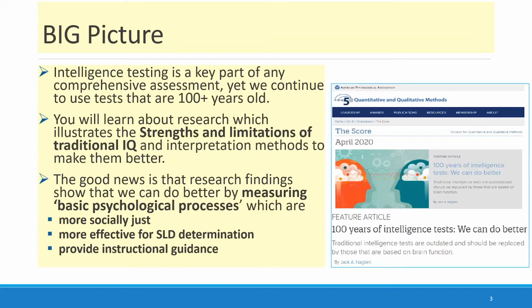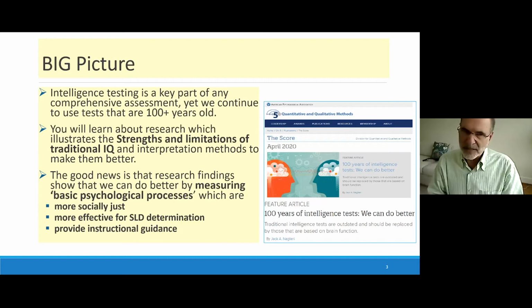And there's really a lot of good news to what we're going to talk about today. That is that we really can do better if we embrace what I've called second generation measures. And we'll go through that with some detail. And how we can do better, we can have tests that are more socially just, because that's critically important.